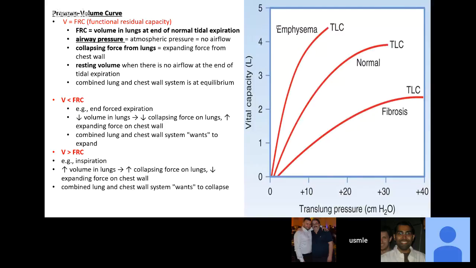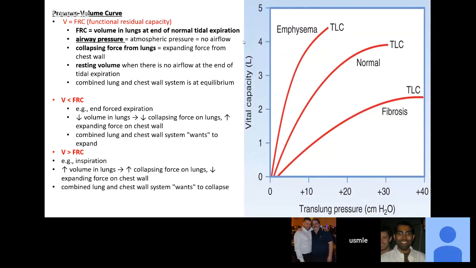From this type of value, you need to determine what will be normal versus fibrotic, emphysema, etc. You're going to have three components here: the volume equal to the functional residual capacity, the volume lesser than the functional residual capacity, and the volume more than the functional residual capacity.